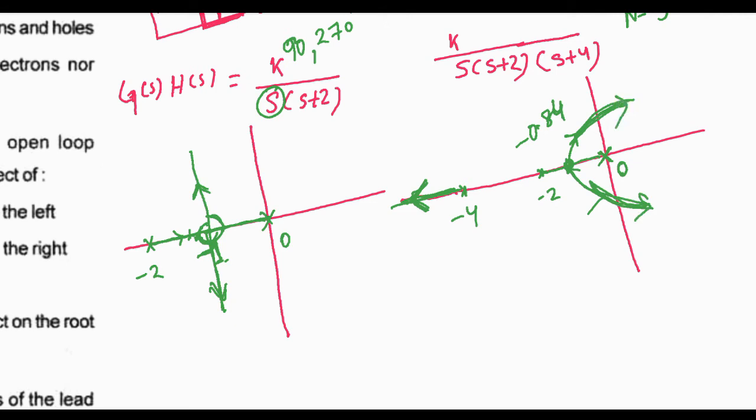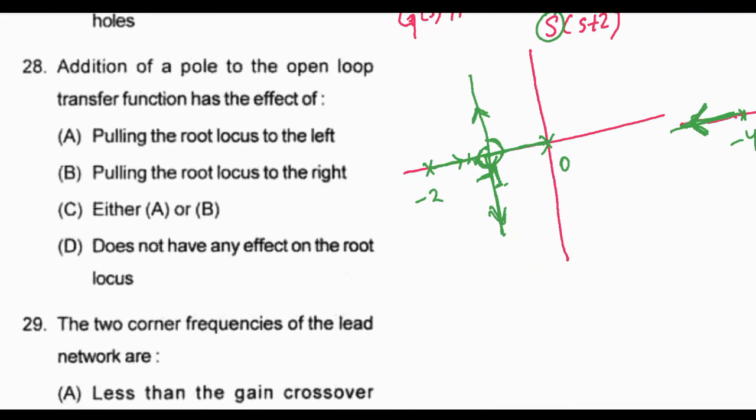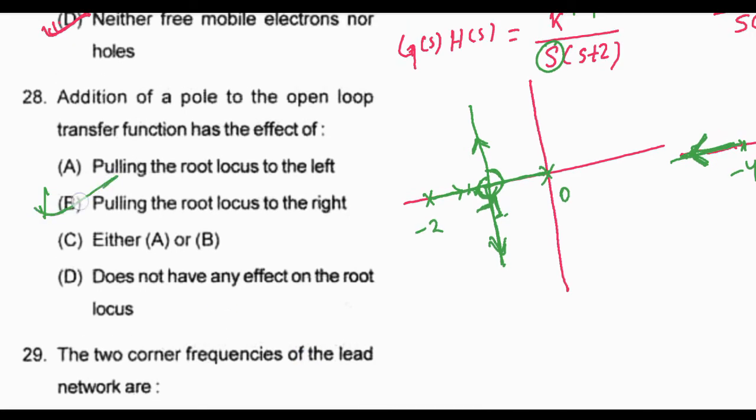So this is pulling the root locus to the right, and system becomes less stable. If a pole is added, the answer is pulling towards the right. Option B is the correct answer.